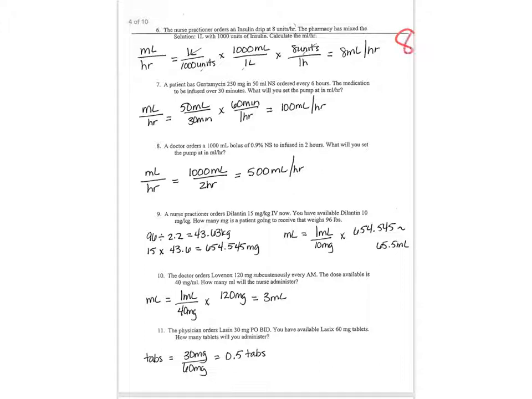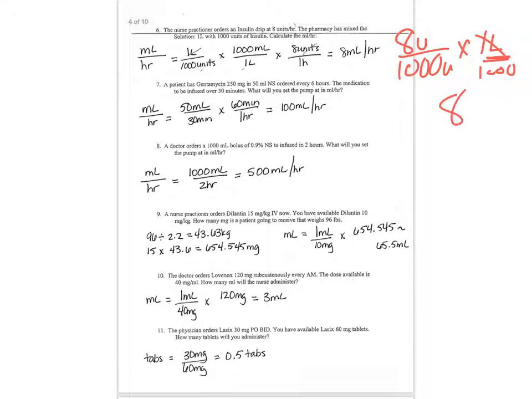Because our D over H times Q, 8 units is what's been ordered, it comes packaged as 1,000 units per 1 liter. So if we did 8 divided by 1,000 right now, that would tell me the answer in liters. You could convert that to milliliters if you wanted to, and 8 divided by 1,000 times 1,000 would just be 8.